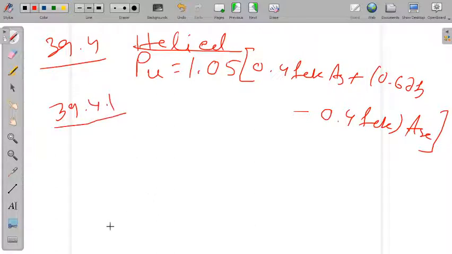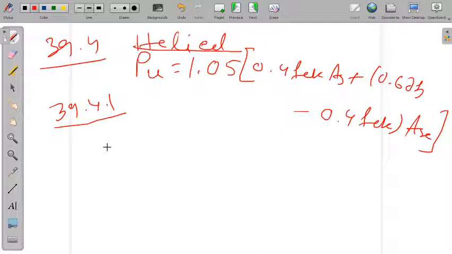The ratio of the volume of helical reinforcement to the volume of the core shall not be less than this. So we have to find out that value, the ratio of the volume of helical reinforcement.